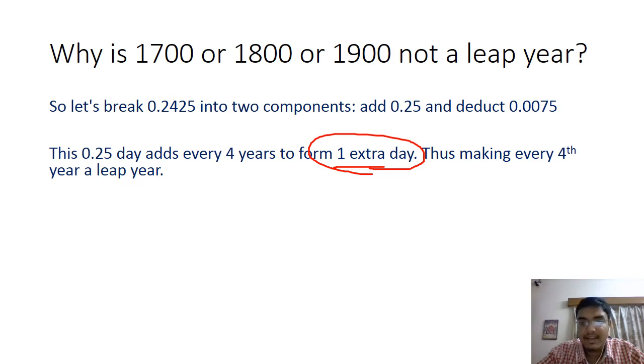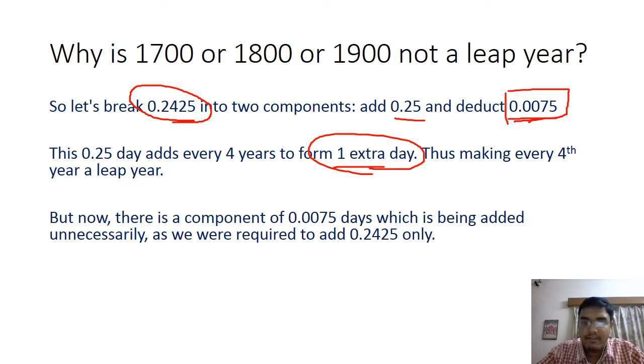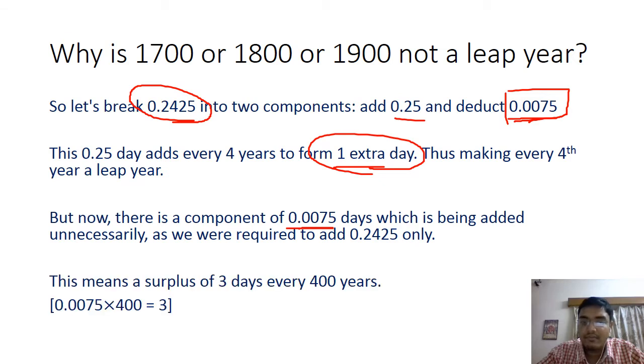But we are adding an extra 0.0075, right? Because what we were required to add was 0.2425 and we are adding 0.25. So now if we have to subtract this quantity, when we multiply 0.0075 by 400, we get 3. So can I say that every 400 years we get 3 days extra because we are adding this 0.0075 every year.